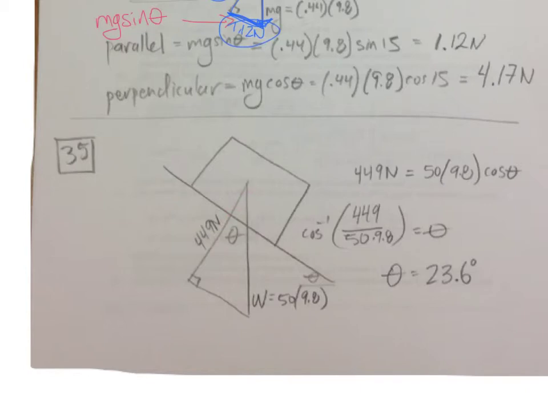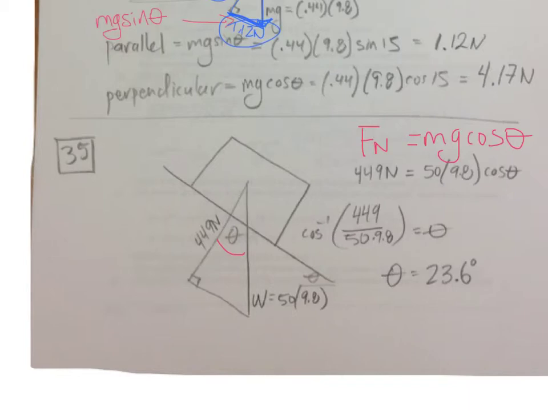From previous questions, we knew that the perpendicular component, or F sub n, the normal force, will be equal to mg cos theta, as long as the angle we're talking about, theta, is that angle listed.